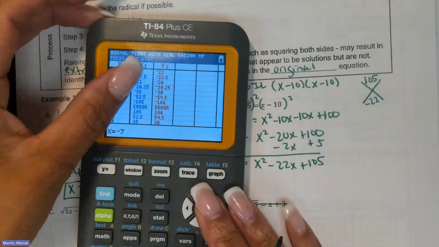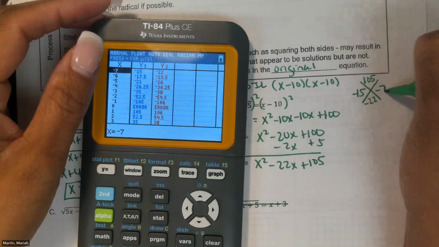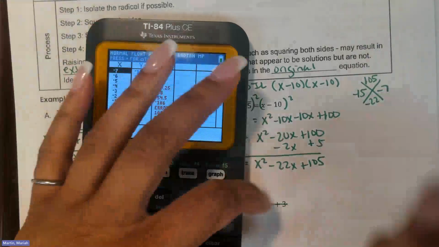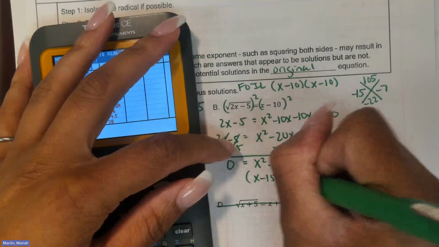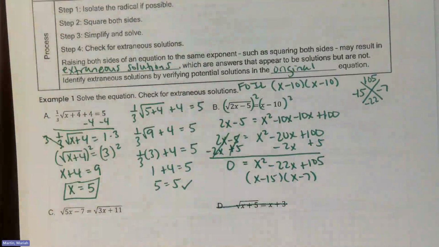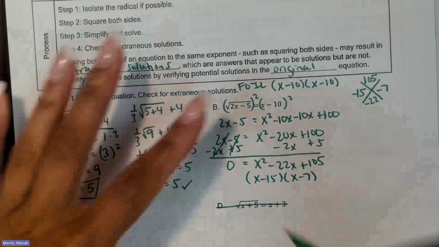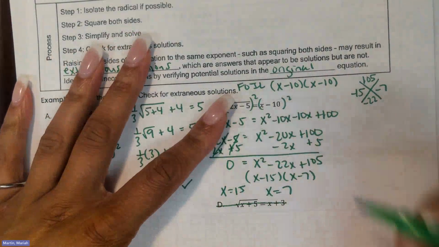So negative 7 and negative 15 are my two answers. So this means I have x minus 15 times x minus 7. And if I were to solve for x here, x would equal positive 15 or x would equal positive 7.